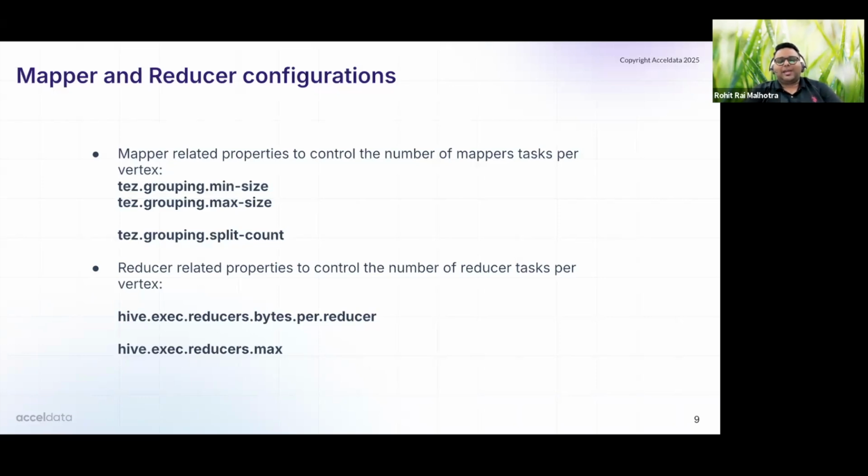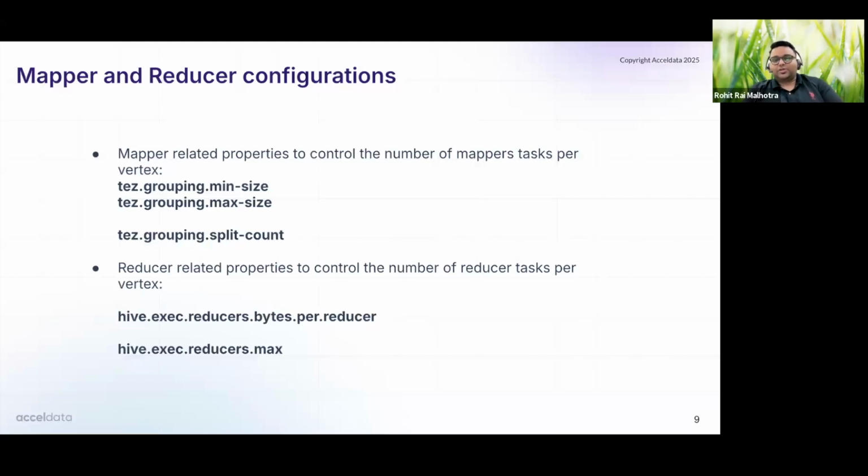The hive.exec.reducers.bytes.per.reducer is the property which will govern the number of reducers starting for an individual reducer vertex. You can change the number of reducers by changing the value for this bytes per reducer. Now, hive.exec.reducers.max is also a property which limits the number of reducers that can start for an individual reducer vertex.